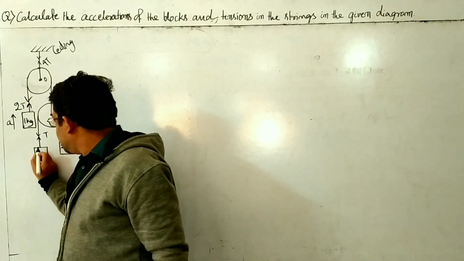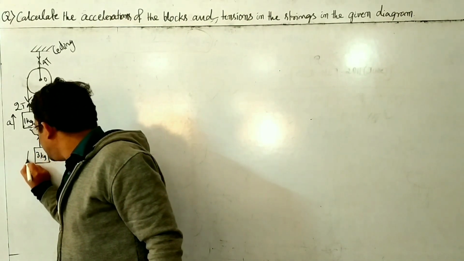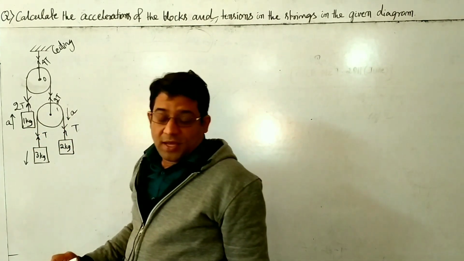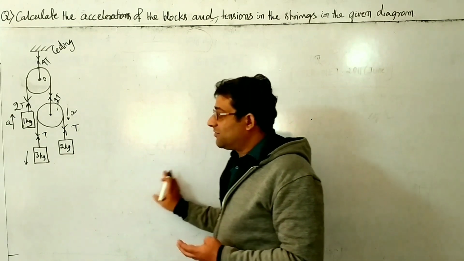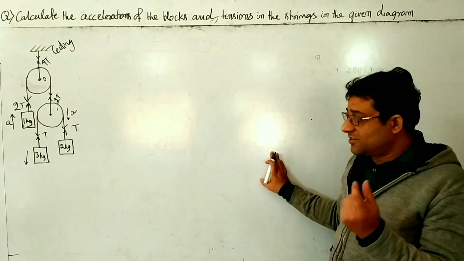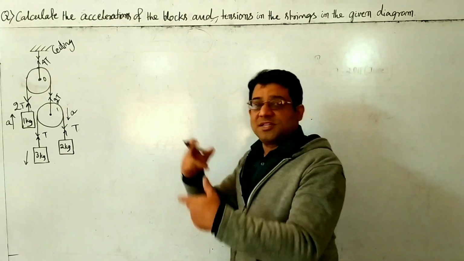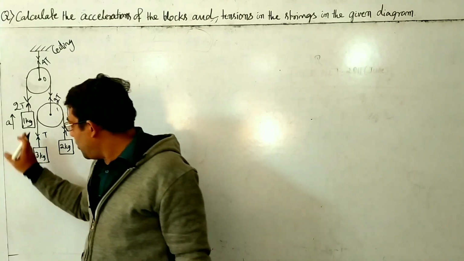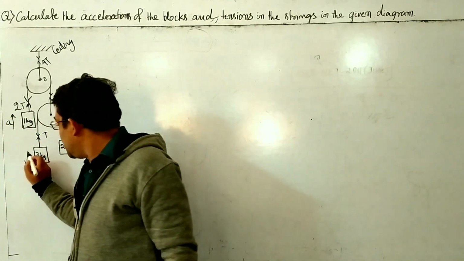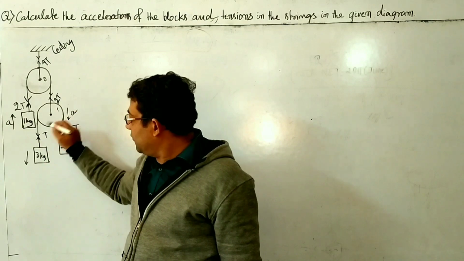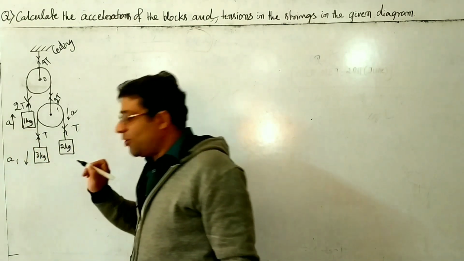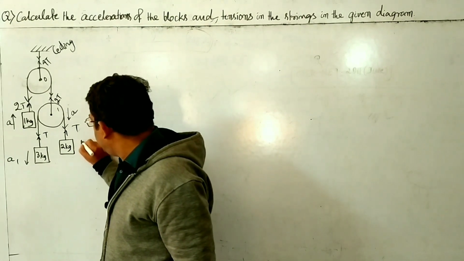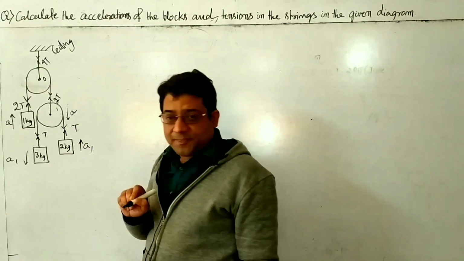So the acceleration of this 3 kg block, let us say it is coming down. When I said let us say, it is a pure assumption, right? Whenever the calculated acceleration comes out negative, our assumption is just the opposite. We will do that finally. Now I have assumed it downwards, so for pulley 1 we will take A1. Now see, if this is going down with acceleration A1, this will move up with the same acceleration A1.